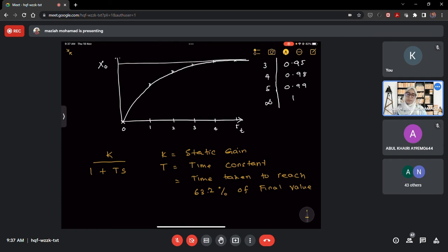T here will explain how fast the output will respond after we apply the input.